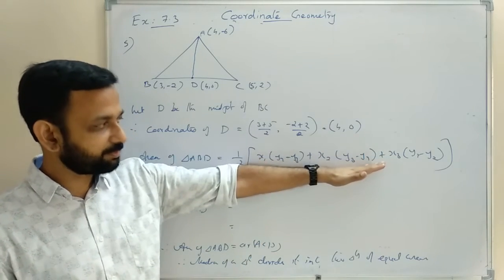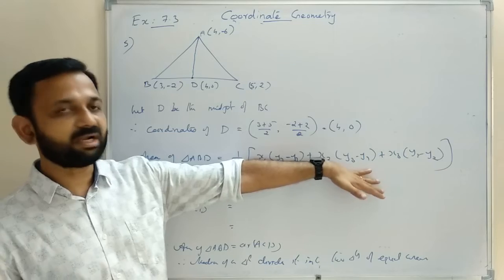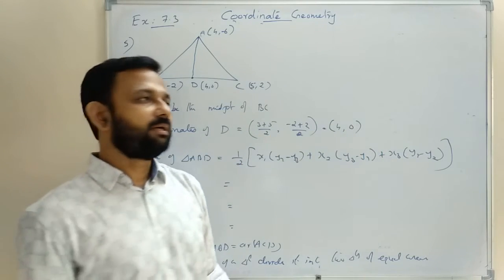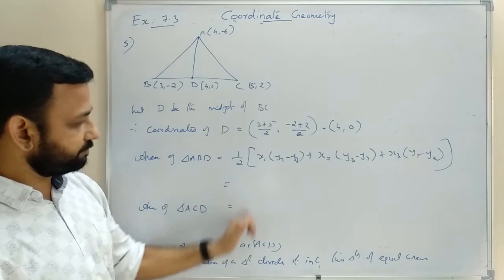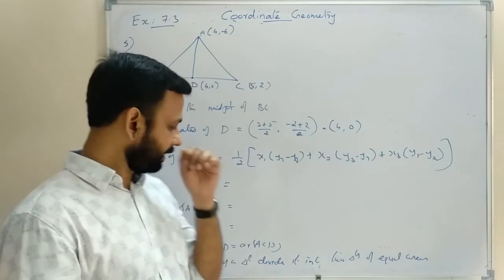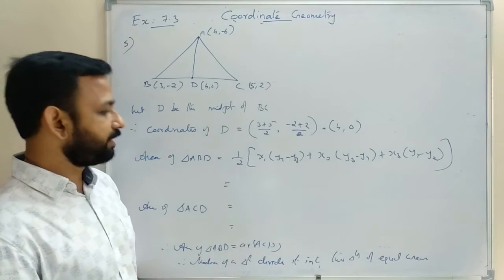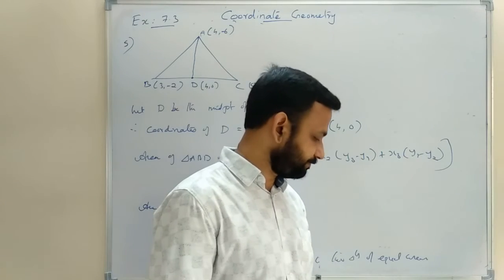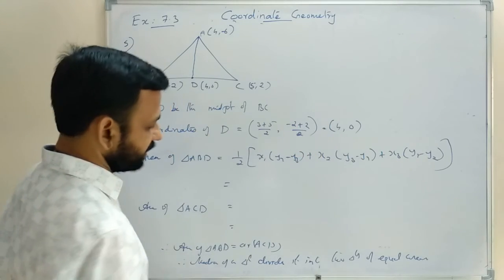We have done this type of question, so you can easily complete this one. Just replace their values, and here also both the areas will be the same. So if both the areas are equal, then we will write that the median of a triangle divides it into two triangles of equal areas. So we completed exercise 7.3.